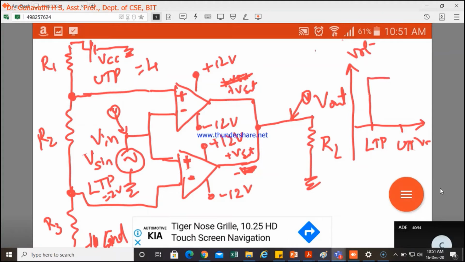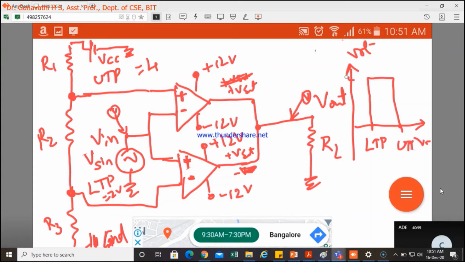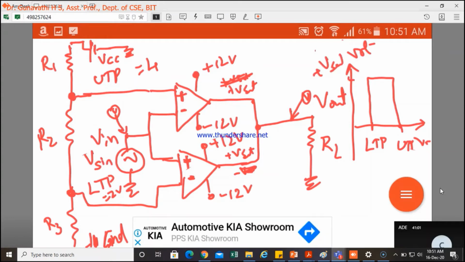Only between this, the voltage we are going to get is plus Vsat. Rest all is 0. This is the transfer characteristic of a window comparator. Any doubts? Okay. So now we need to know how to get these values R1, R2, R3. Otherwise rest all is known. Load resistance, we can connect some load resistance over there, like 1 kilo ohms.